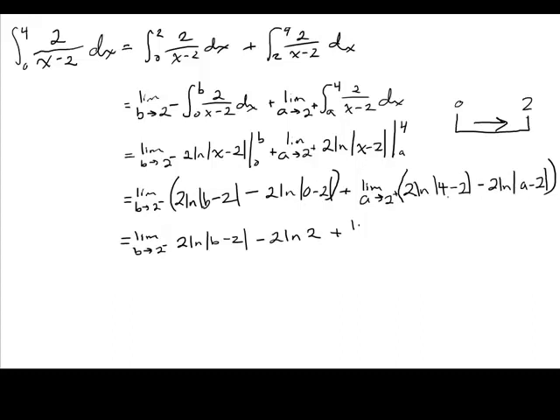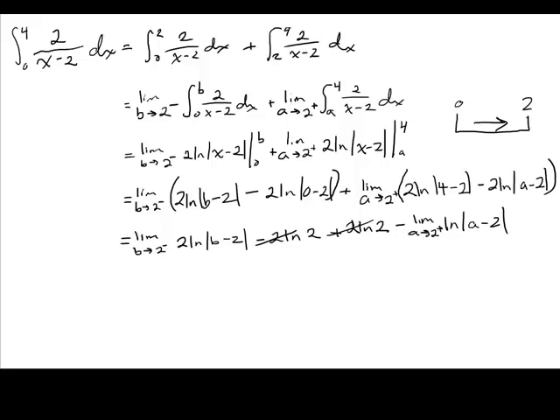Plus, now we don't need to take the limit of this first part, so let's just write out what it is. 2 natural log of 4 minus 2. So that's once again 2 ln of 2. We could combine those. Those are going to cancel. And then we have this other limit part. So minus the limit as a goes to 2 from the right of natural log of a minus 2. These will cancel. Really, it all comes down to calculating the limits.